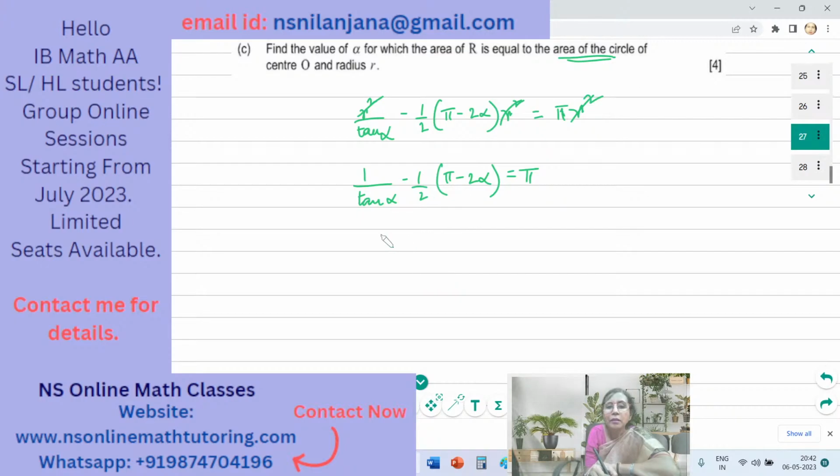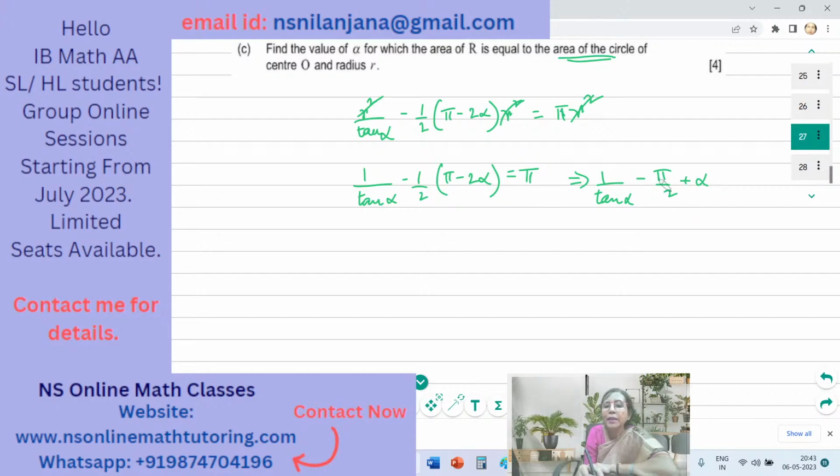Okay, and this will be 1 over tan alpha, and this is pi by 2 minus pi by 2, and that is plus alpha. Minus times minus is plus, so it is plus alpha.